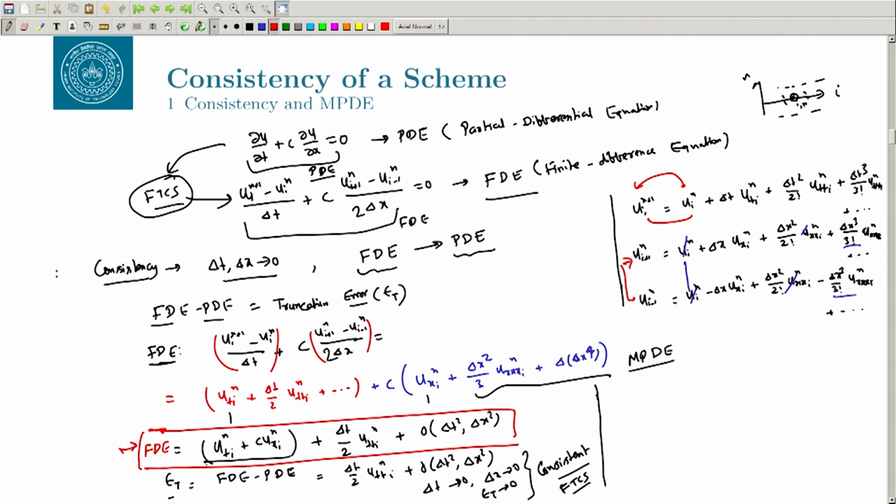So, we are solving FDE equal to 0 in our computer, right. FDE is basically identically 0 in our computer, that is what we are solving. That means, what we are solving is basically u_t plus c u_x at i, n, which is equal to minus delta t by 2 u_tt at i, n, and plus order delta t square, delta x square, right.